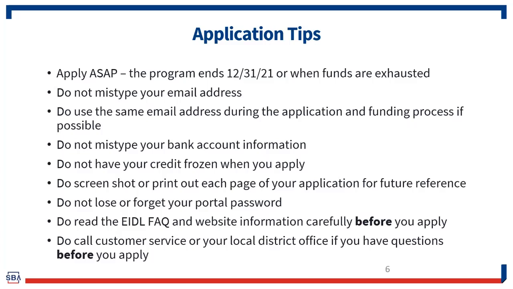So please triple check, make sure you're typing your email address in correctly. If at all possible, use the same email address throughout the application and the funding process. If you need to, create a Yahoo account specifically just for the application process, do that. Again, updating the email address can take significant processing time.